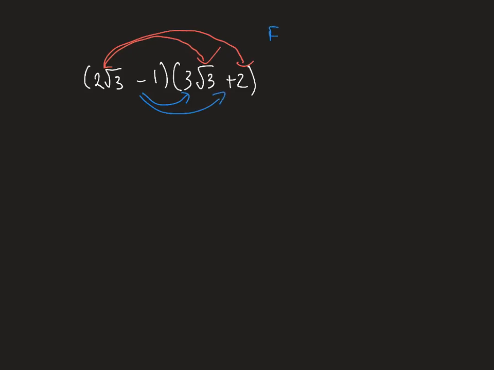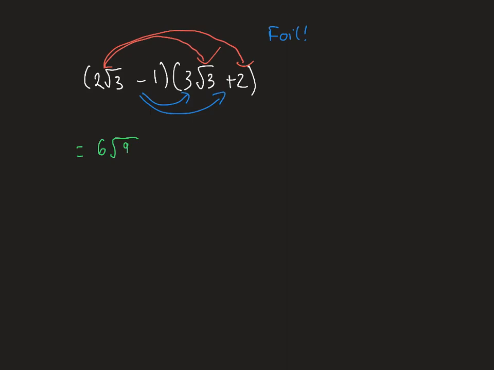You are still doing FOIL. So, we're going to use all of our rules together here. So, 2 root 3 times 3 root 3. Well, the 2 and the 3 will multiply, giving you 6. The root 3's will multiply, giving you square root of 9.